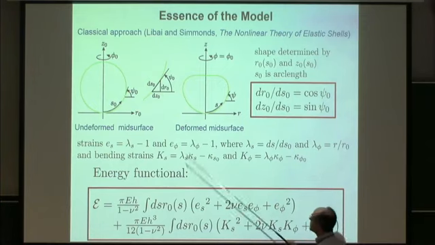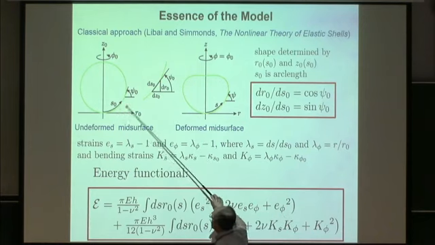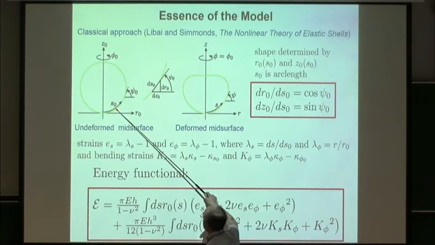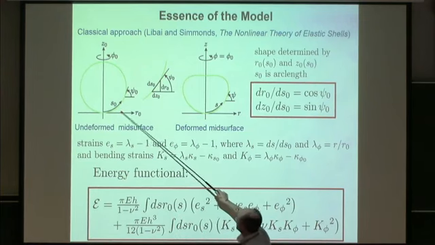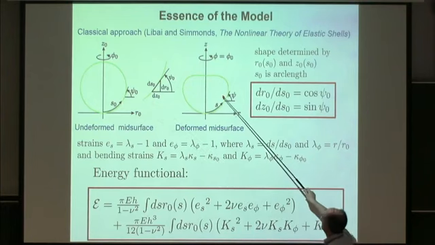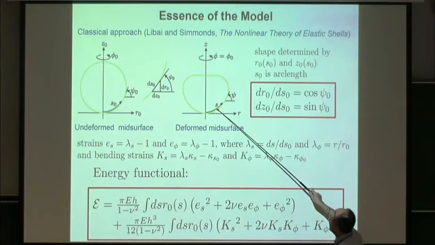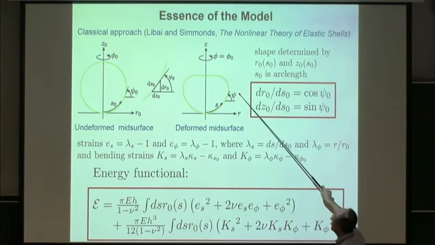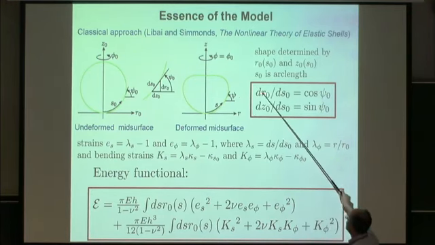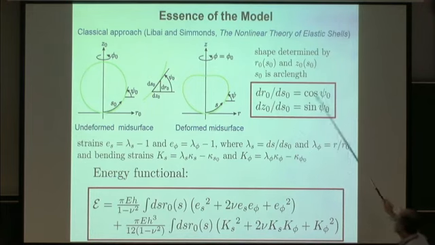So the basic idea is, as you see, you have a reference system which has its own internal arc length variable. Let's assume rotational invariance. It has its own tangent angle. It has a radius as a function of position. And then my new shape has its own arc length variable, S, and its own tangent angle. And I can do two things. One is elementary geometry that relates the radius, the arc length, and the tangent angles.